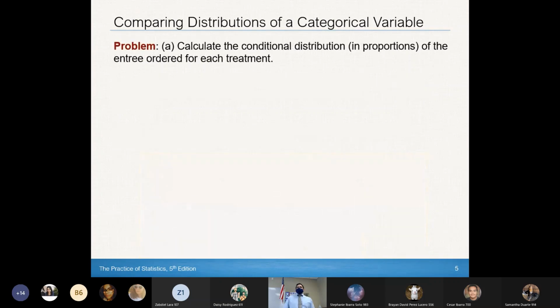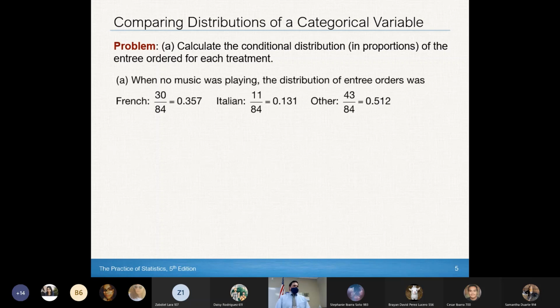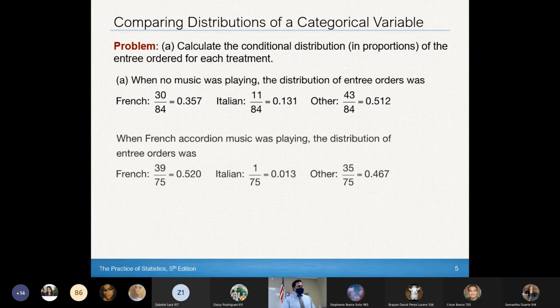We want to calculate the conditional distribution in proportions of the entree ordered for each treatment. When no music was playing, the distribution of entree orders was French 0.357, Italian 0.131, and other 0.512.